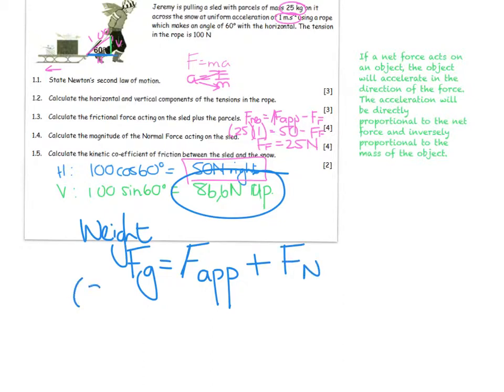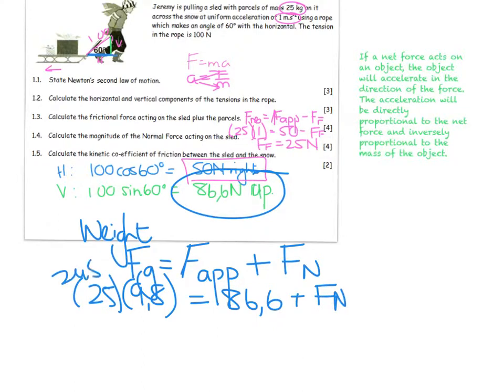So I'm going to go 25 times by 9,8 is equal to this 86,6 plus the normal force. The 25 by 9,8 is going to be 245, and therefore my normal force will turn out to be 158,4 newtons up.